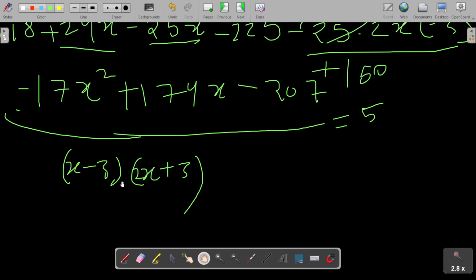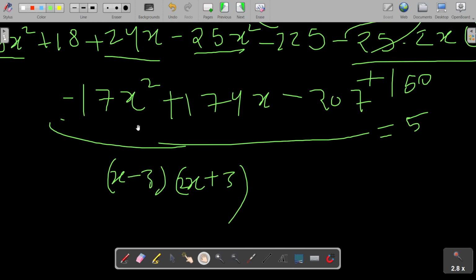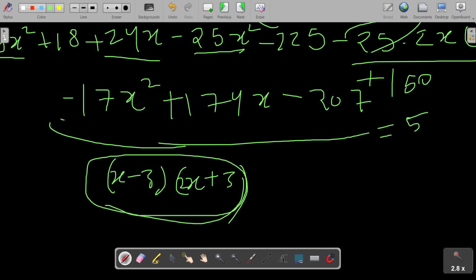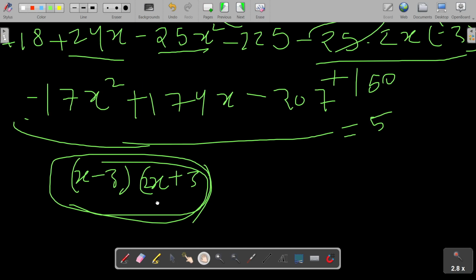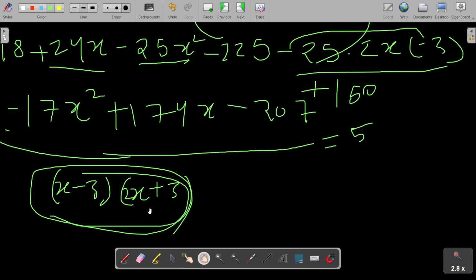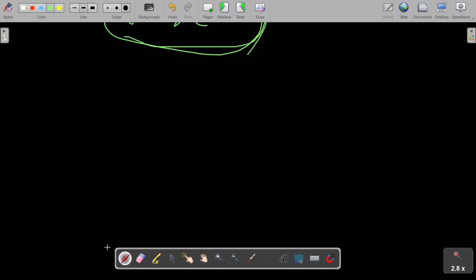I have to simplify this thing also. Before doing that, I have to isolate this to solve for the value of x. So I'm going to multiply this expression on both sides, so that I get it in multiplication.